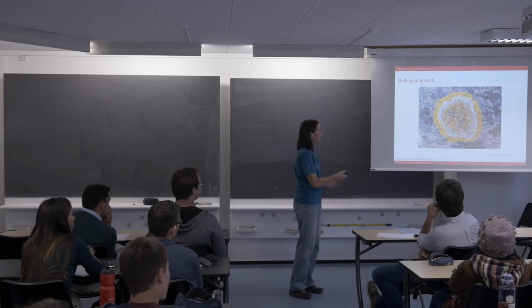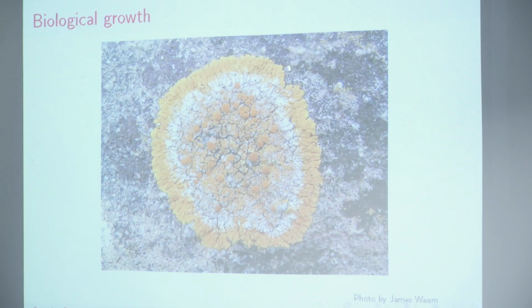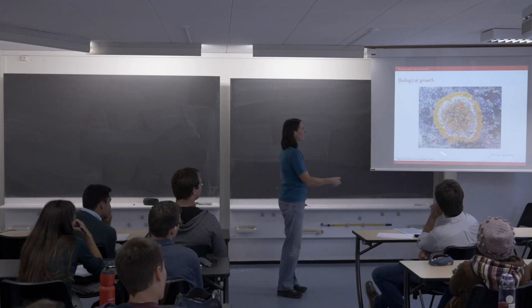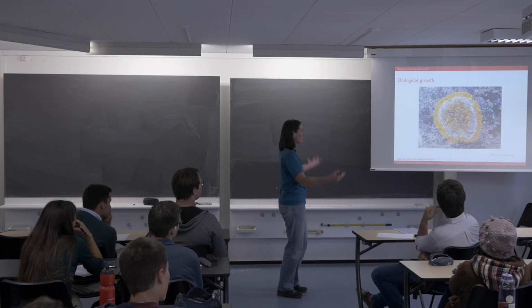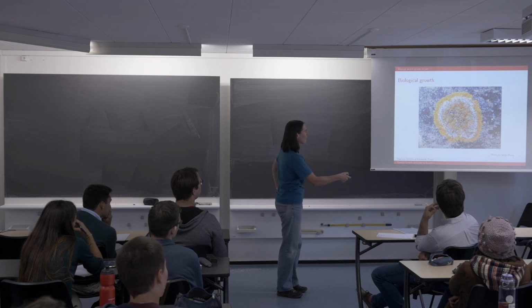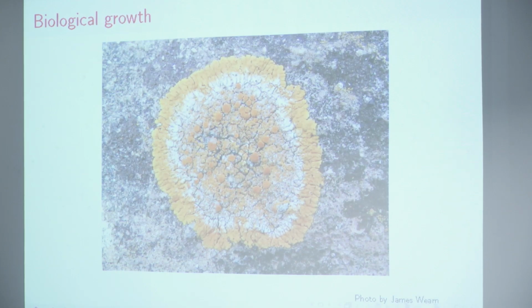And so what you get, if you look at the shape, is kind of what you would expect, really. It's approximately round. There's no direction that is any better than any other direction for the growth, and so the whole cluster just grows roughly round, but with some fluctuations on the edge, corresponding to the randomness in the system.